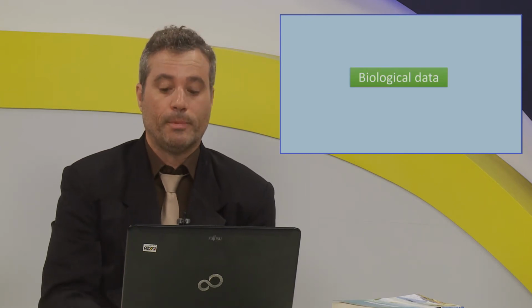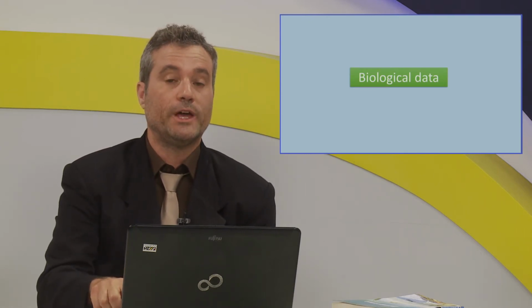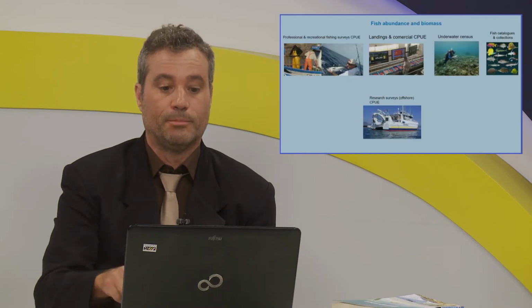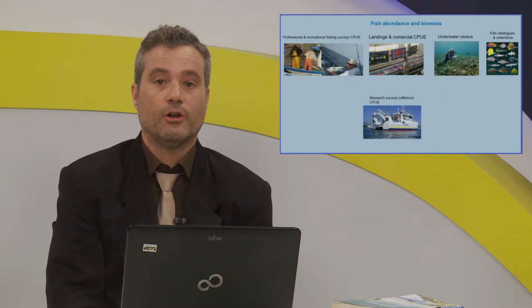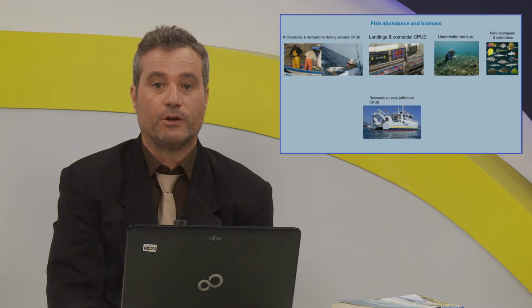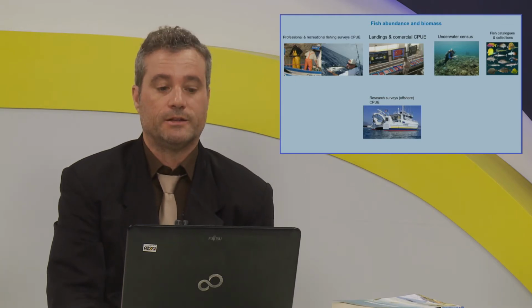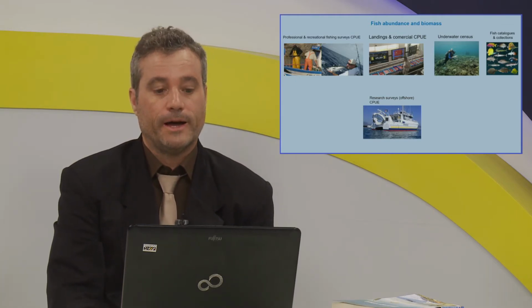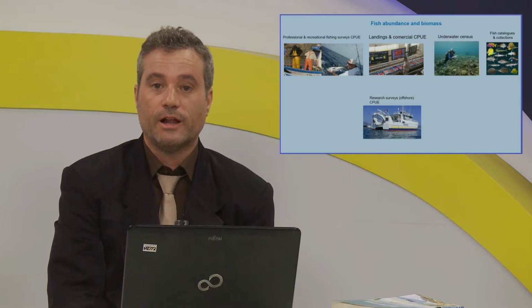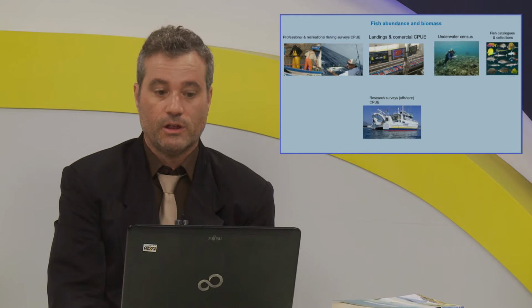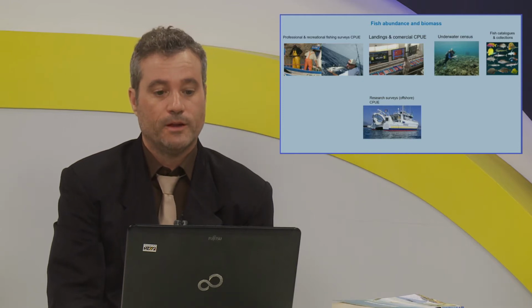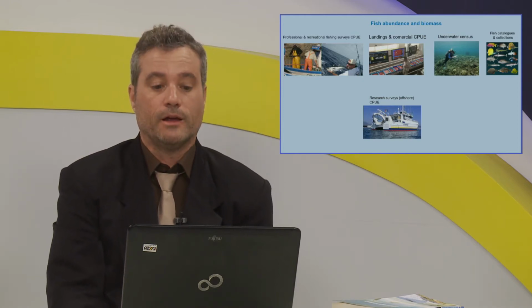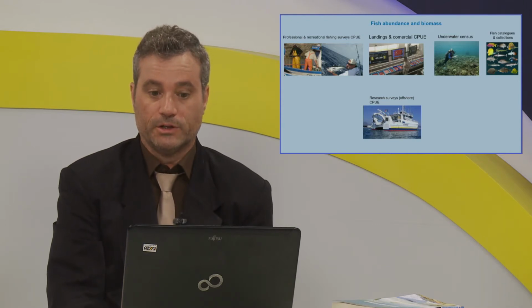What type of biological data do we have to collect for this multi-approach? First of all is fish abundance and biomass. How can we do that? We can do that by doing professional and recreational fishing surveys to compute catch per unit effort, CPUE. We can also do it by being in the harbor and analyzing landings and commercial catch per unit effort.